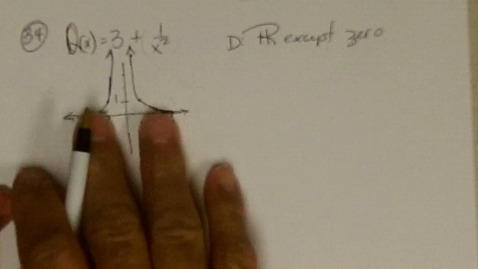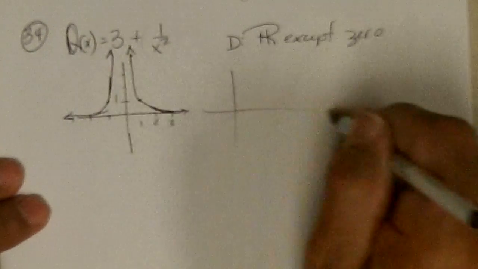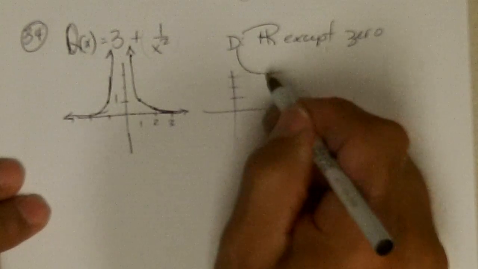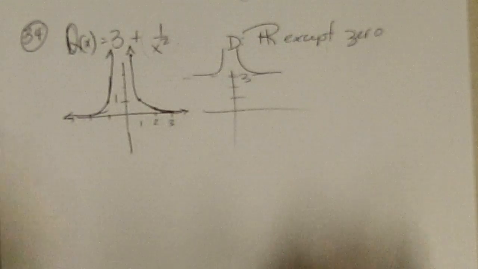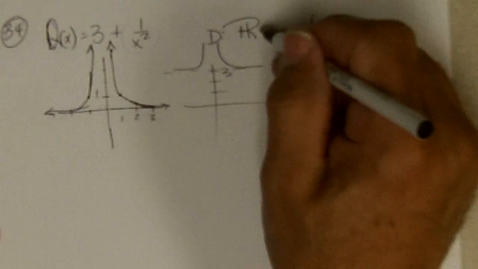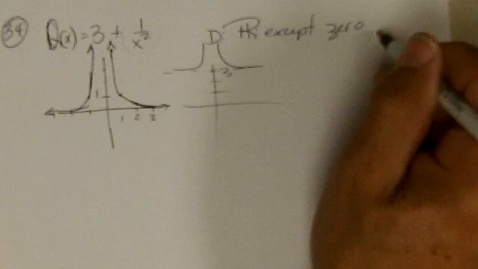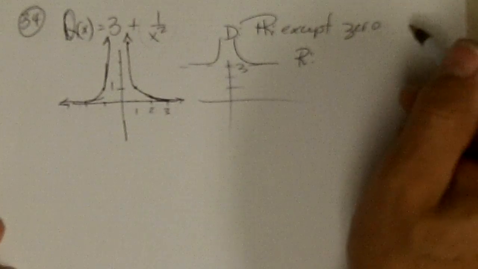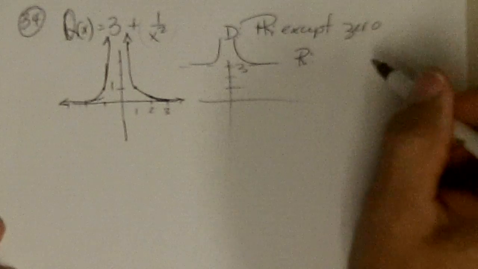Oh, by the way, I got to move this up 3 to actually get the true picture here. So this moved up 3. 1, 2, 3 is going to be something in here and over here. So the domain is all reals except 0. The range is going to be from 3 up.